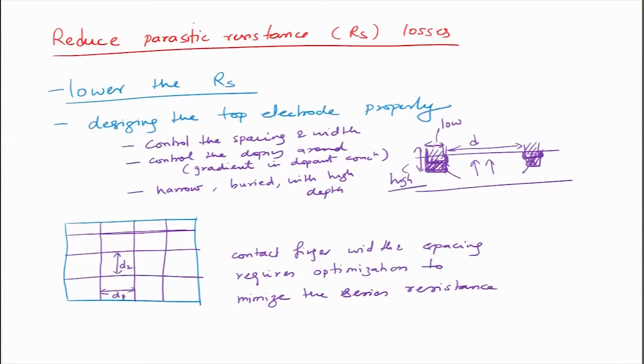If they are too far, then of course series resistance will increase. Carriers in the middle will not get collected. So, you need to optimize this. You need to optimize the width of the contact, the spacing between the contacts, and the depth of the contact. These are essential parameters to minimize the series resistance.